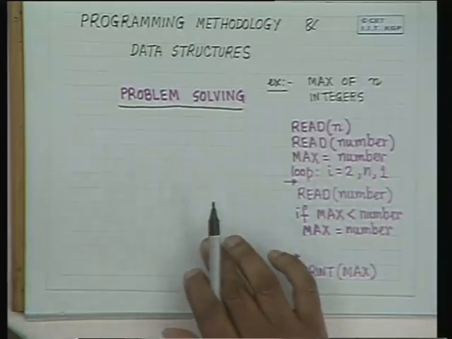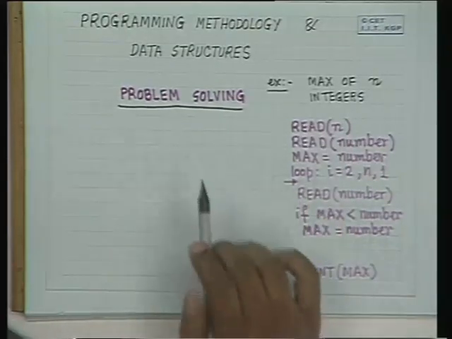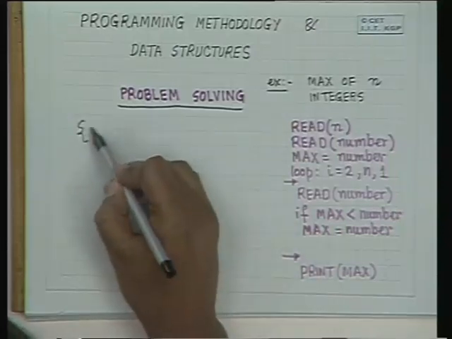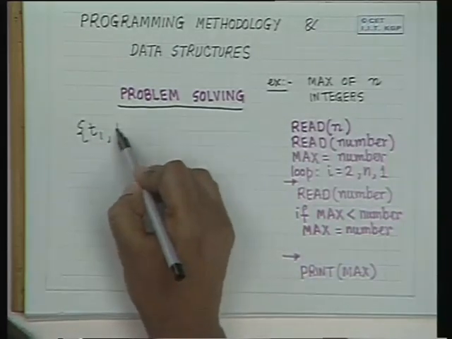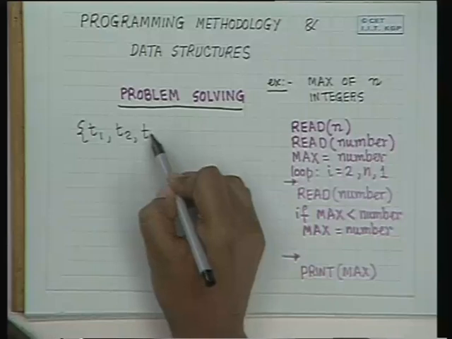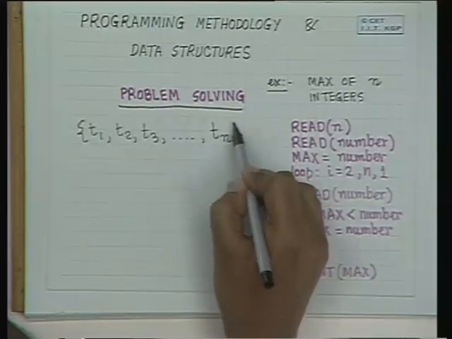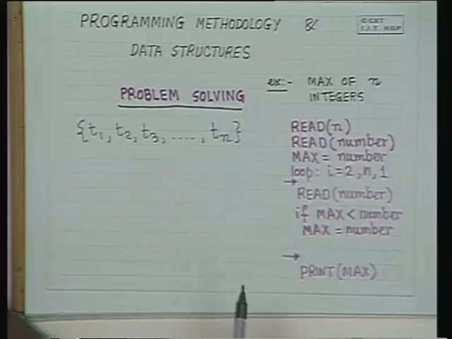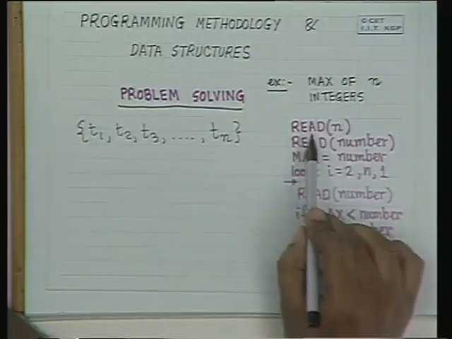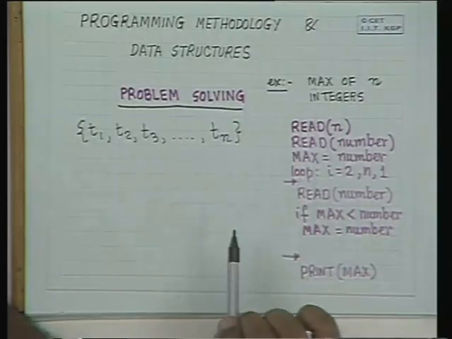If you take it from a mathematical or a diagrammatic point of view, you were given n numbers, T1, T2, T3 and so on, Tn. And what was the problem solving approach here?